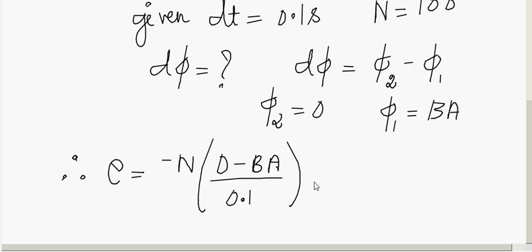So that will become equal to NBA divided by 0.1. What is 0.1? That is dt. How did I get this? This I have substituted in the equation. E is n into phi 2 minus phi 1 divided by dt. Phi 2 is 0, phi 1 is B into A divided by 0.1.